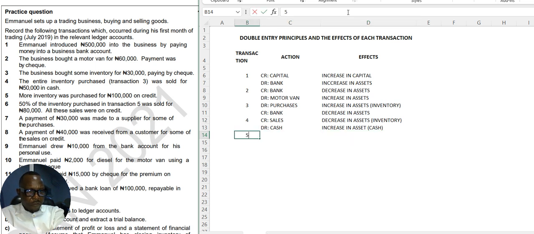Okay, transaction 5. More inventory was purchased for 100,000 on credit. If it is on credit, what will you do?